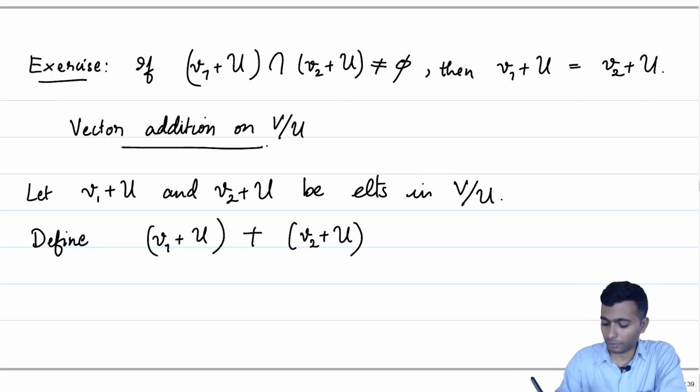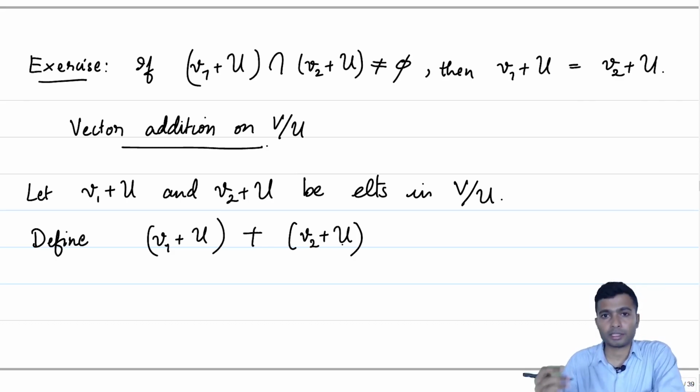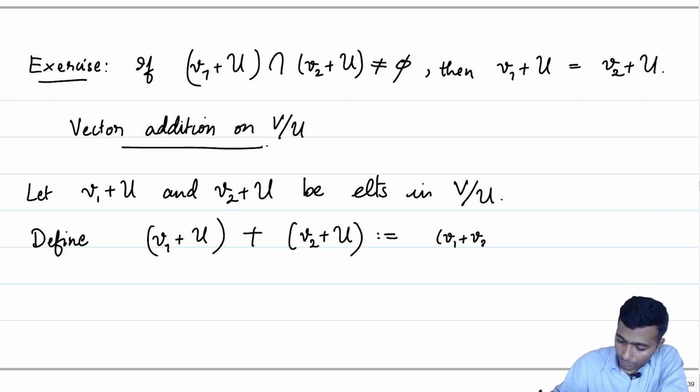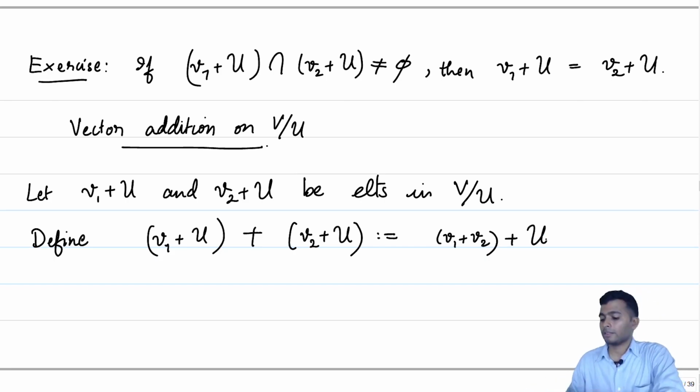Similarly, V2 plus capital U in the bracket is a symbol which actually defines an affine subset corresponding to U and V2. And we are now defining the sum of these two vectors. We will define the sum of V1 plus U and V2 plus U to be V1 plus V2, which is a vector in capital V, and the affine subset corresponding to U and V1 plus V2. So this is our definition of the vector addition.